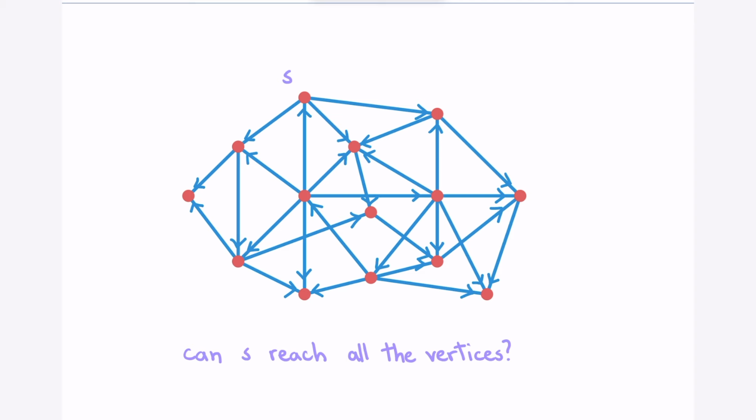Yeah, go ahead. Oh no, no. So can S reach, starting from here? It is true that anyone who's a sink cannot reach anyone else. That's true. But S, who can S reach and not reach? There's this edge.